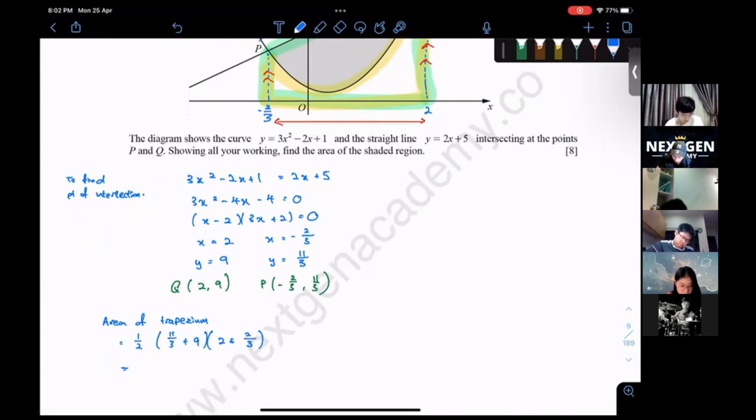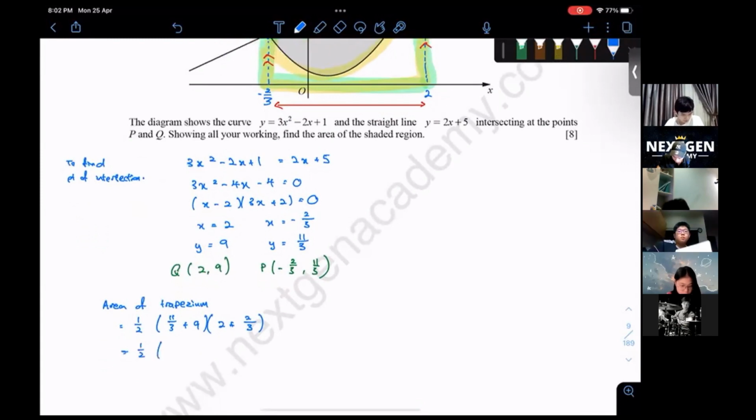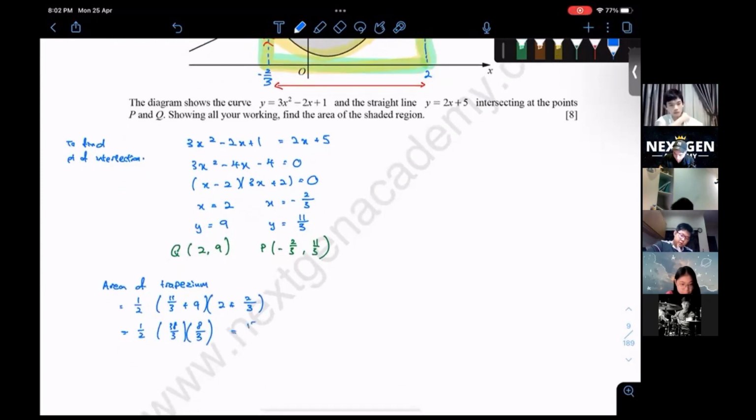What do I get here? 38 over 3. And here, 2 plus 2 over 3, which is 8 over 3. So 1/2 times 38/3 times 8/3. You should get 152/9. Okay, 152/9.